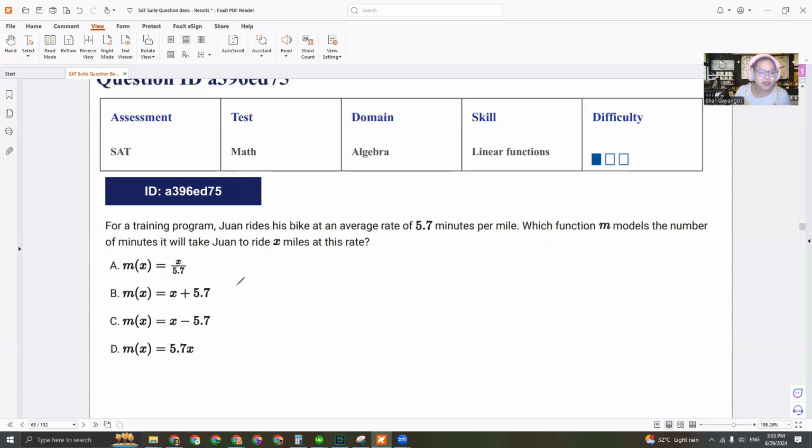Okay, next problem. For a training program, one rides at an average rate of 5.7 minutes per mile. Which function M models the number of minutes it will take one to ride X miles at this rate?